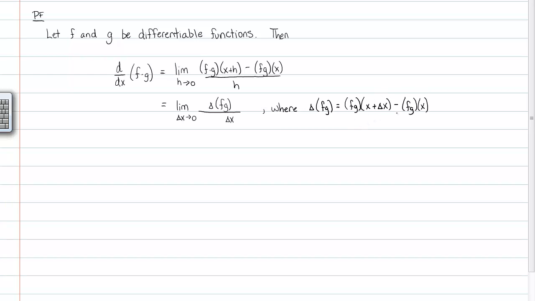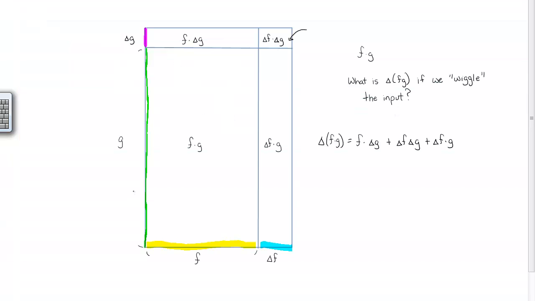But now we are going to refer to the drawing that we just did, and note that the whole change in f times g, which we actually have an algebraic expression for over on the right hand side, is just f times g of x plus delta x. Oops, that's supposed to be an x.